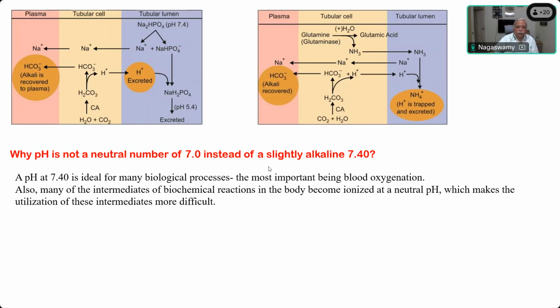Okay, so many intermediates of biochemical reactions are also ionized at neutral pH, so this will not work. So utilization of intermediates will be difficult if the pH is at 7. So the oxygenation and enzyme activity will be best only at the slightly alkaline level.